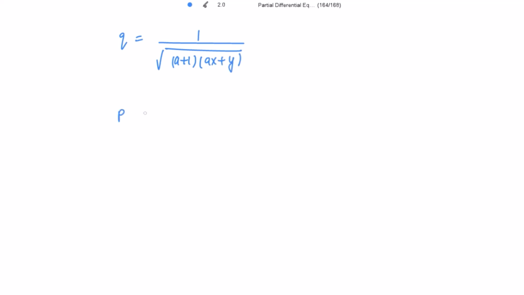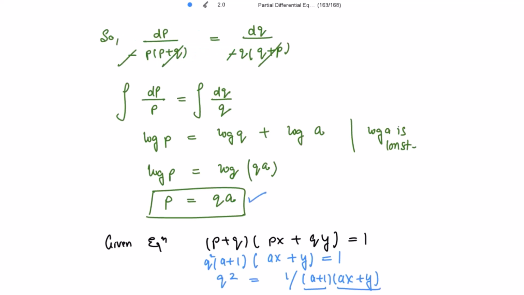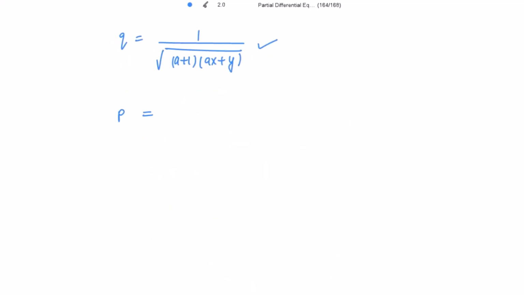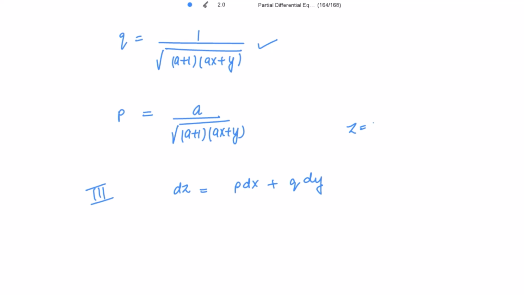Next, to get the value of p, just put this value of q in this equation. So p is equal to q into a, so I just need to multiply a with the value of q. The third step is to use dz equal to p dx plus q dy. To get the value of the complete integral, we need to find z.